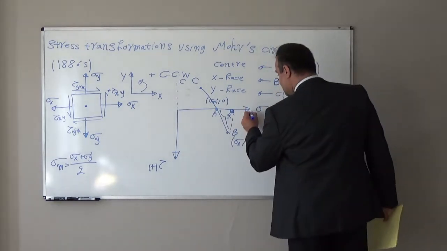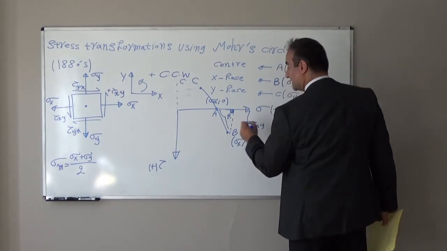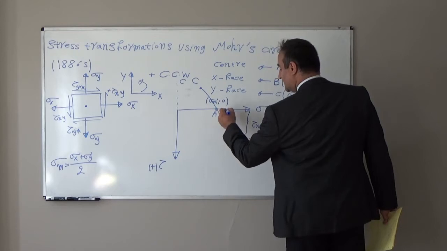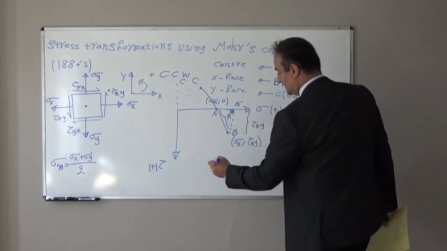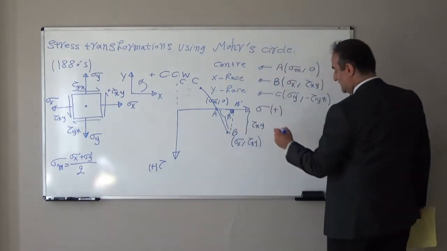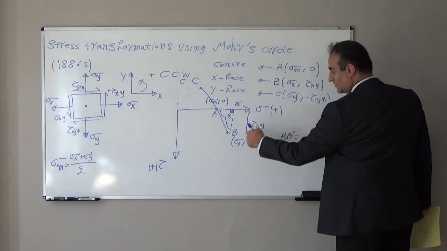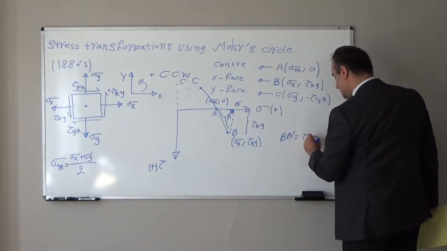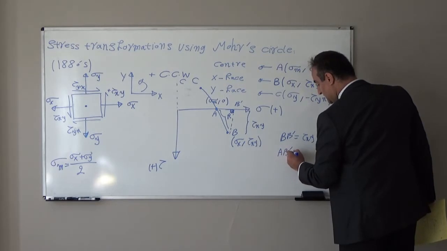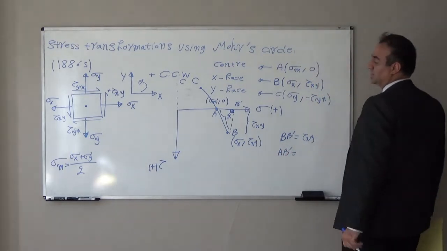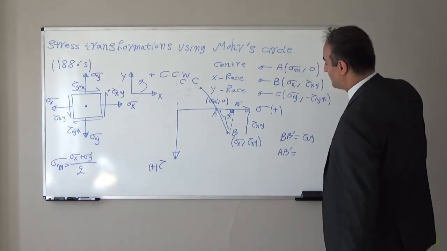So this height, it is tau xy. And from point A to point B prime, BB prime is equal to tau xy.